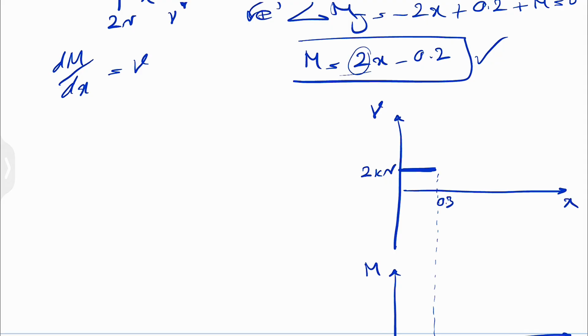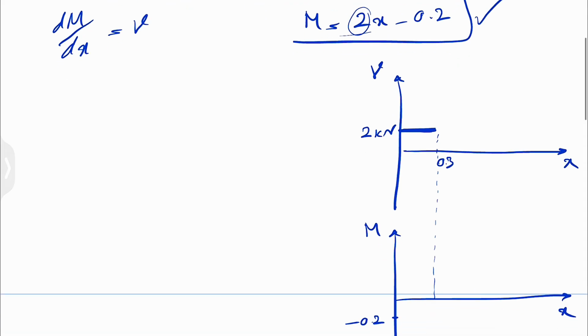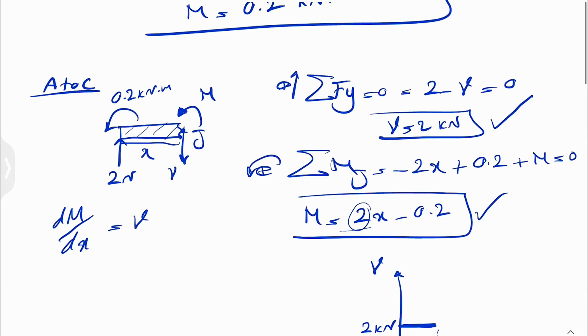So 2 times 0.3 is 0.6, minus 0.2 is going to be 0.4. So we're going to get somewhere in here. All right, that was A to C.